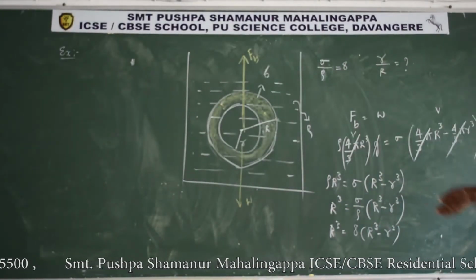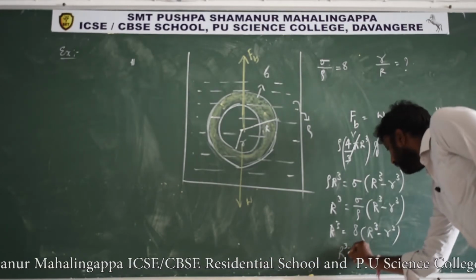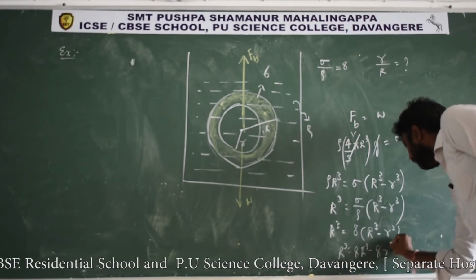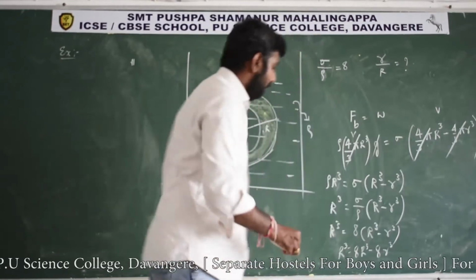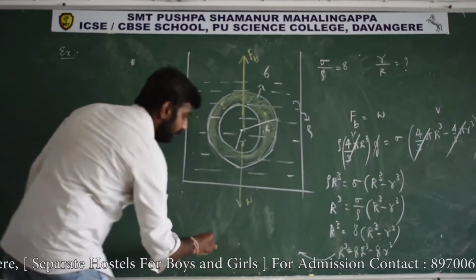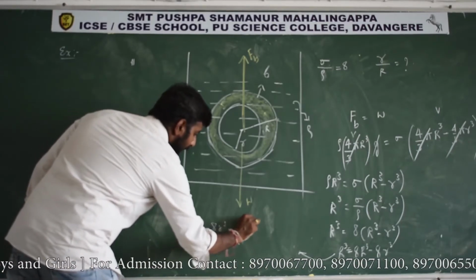And next if we solve, you will get R cube is equal to 8 R cube minus 8 small r cube, right? And final step here, 8 small r cube is equal to 7 R cube.